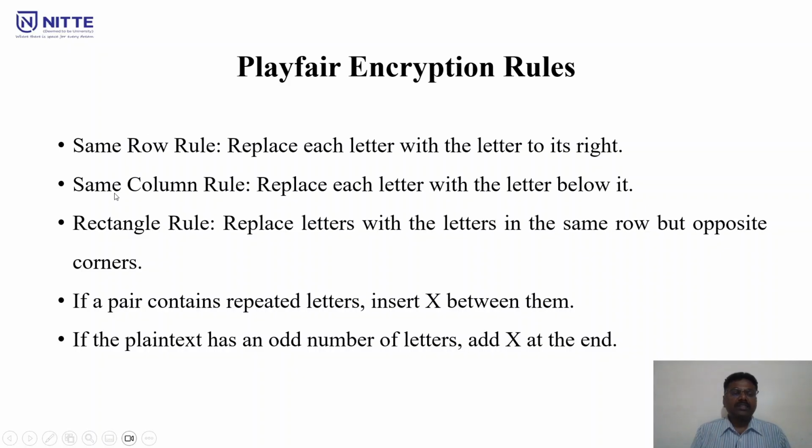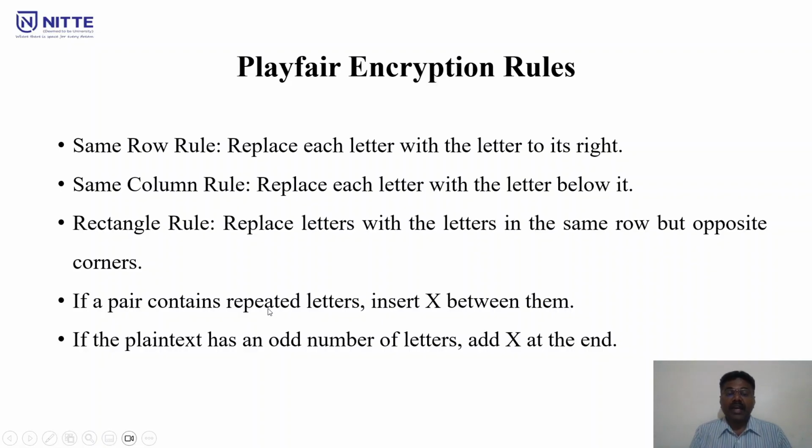The second: if both letters fall in the same column, then we replace each letter with the letter below it. If the above two rules are not satisfied, then we go with the third one, called the rectangle rule: replacing the letters with the letters in the same row but at the opposite corners.